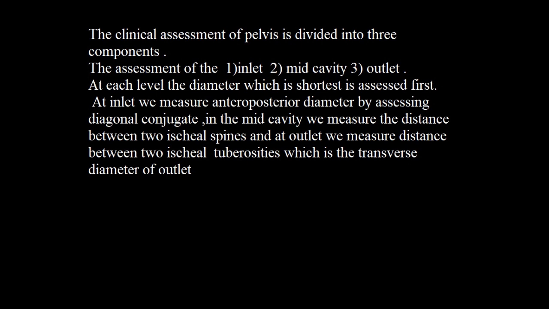At inlet, we measure antero-posterior diameter by assessing diagonal conjugate. In the mid cavity, we measure the distance between two ischial spines, and at the outlet, we measure distance between two ischial tuberosities, which is the transverse diameter of the outlet.